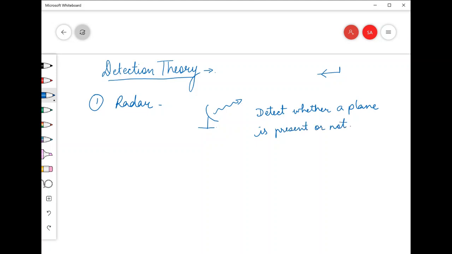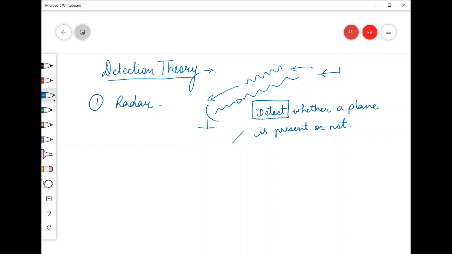So it is a detection problem. You can see a detection problem here: detect whether a plane is there or not. Depending on the signal it transmitted, the signal will be reflected back, and this reflected signal will be received at the radar, and from that received signal it has to detect whether a plane is present or not.